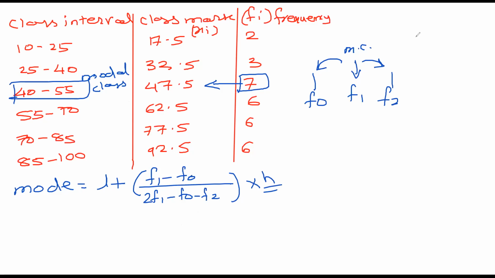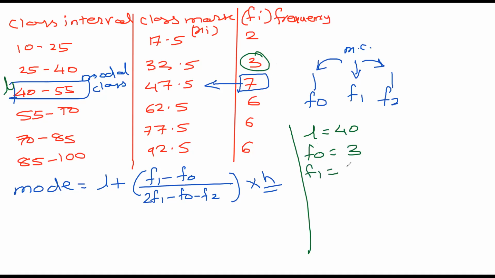h is the class width, the class size. And what is L? The lower class limit of the modal class. Understand one problem properly and then do it. It is easy; only if you are careless can problems happen. So L is the lower class limit of the modal class, so L will be 40, correct? Then F0 is the frequency of the preceding class, which is 3. F1, the frequency of the modal class, is 7. F2, the frequency of the succeeding class, is 6. And finally h, the class width: 25 minus 10, 40 minus 25, 15.